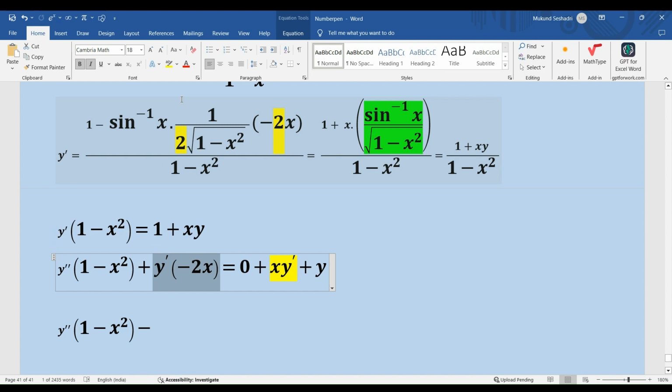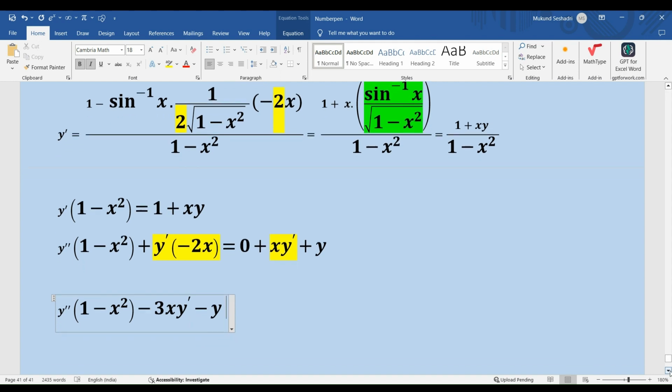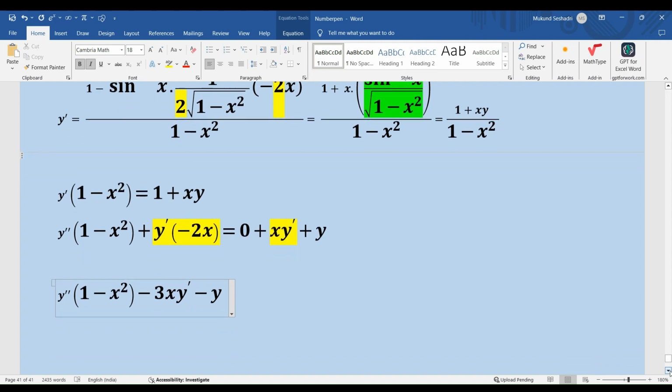So these two expressions in yellow I can combine, right? So I moved xy dash to LHS, which means I will have a minus 3 times xy dashed, right? And now I also am left with a y, right? So I move it to LHS. So I have y double dashed into 1 minus x square minus 3xy dashed minus y equals 0, right?